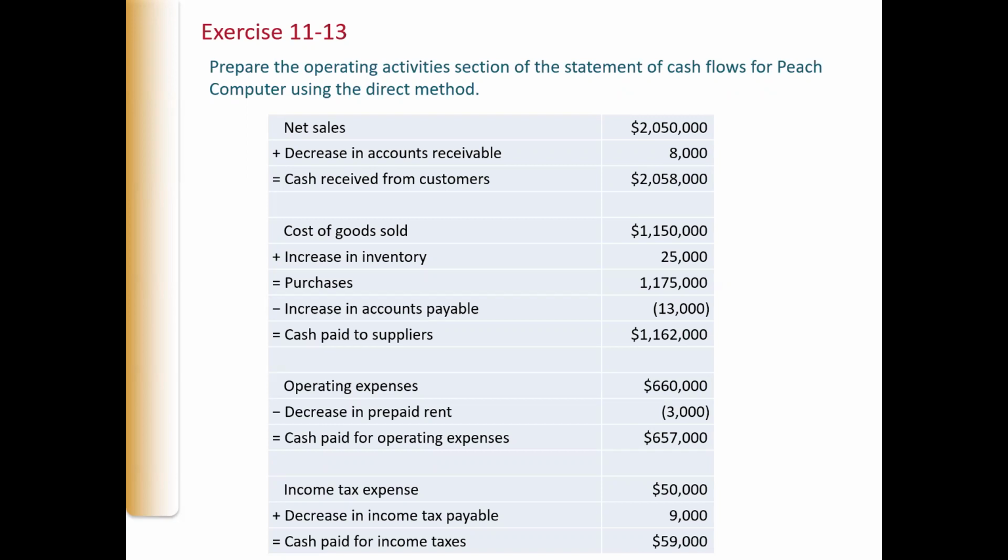Our operating expenses, we would subtract the decrease in prepaid rent to come up with our cash paid for operating expenses. And with income tax expense, we would add our decrease in income taxes payable to come up with what we paid for income taxes.